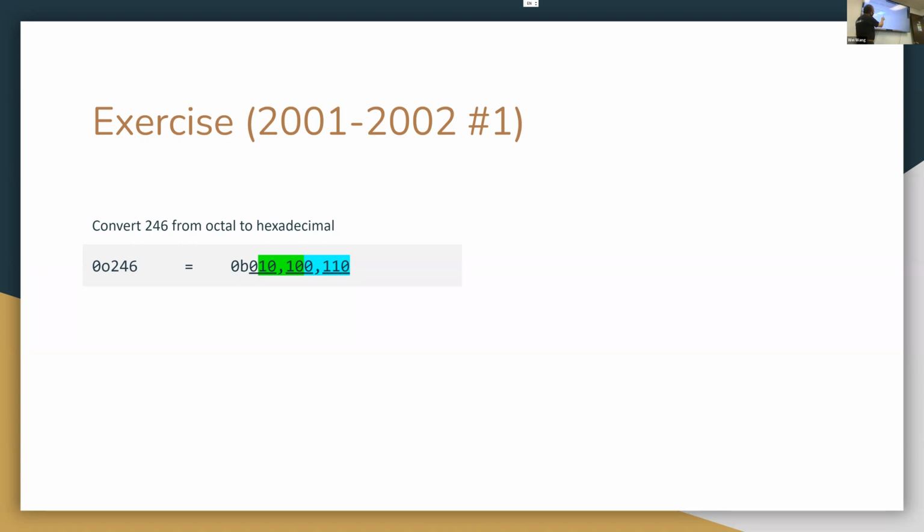If you look at the coloring that I have here, when we need to convert to hexadecimal, we just need to resegment this number by every 4 bits.